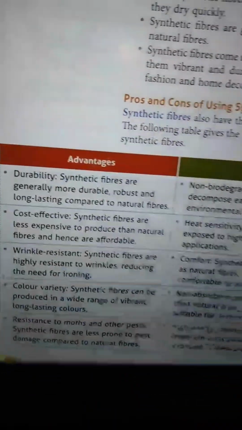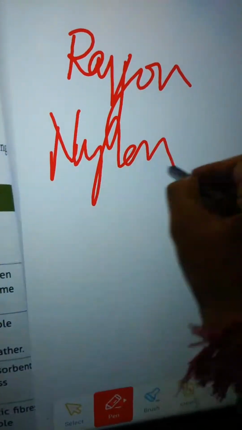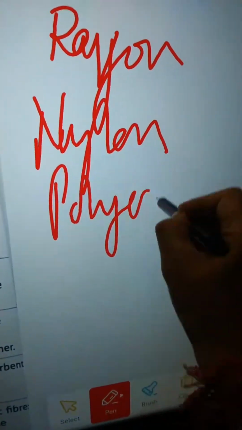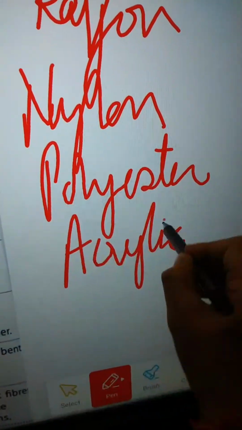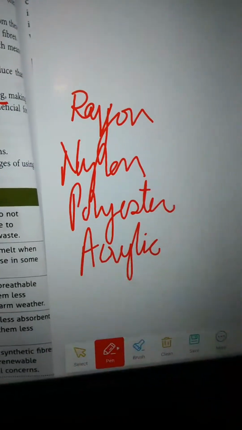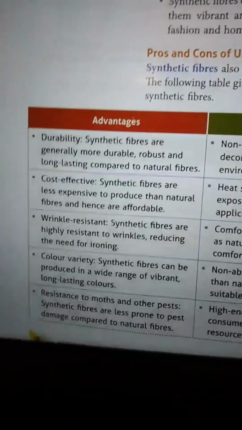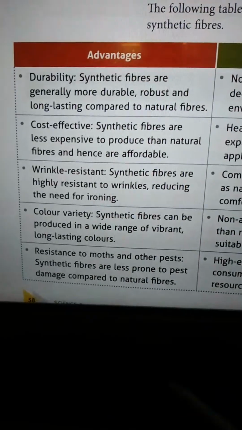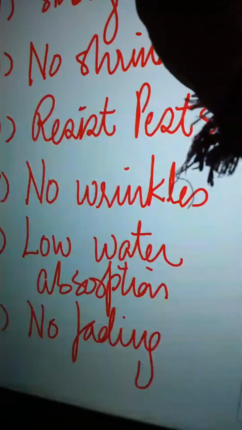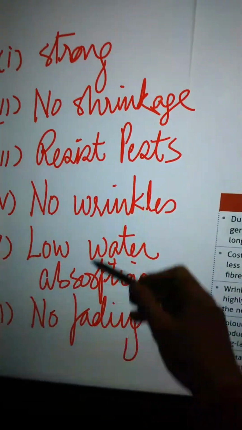So the synthetic fibers which we have read, they were rayon, then we read nylon, then polyester, then we read acrylic. These are common in your syllabus. All four of them have got some advantages. These are the advantages which I have written.